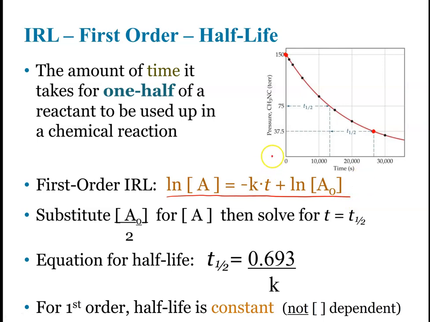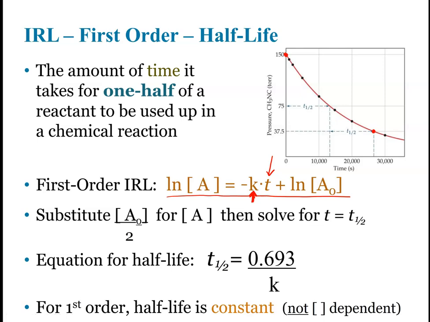To determine the amount of time it would take to use up half of the reactant, you would find the integrated rate law and do the analysis like we talked about in the integrated rate law lesson to find the slope of the line of natural log of A versus time. That would be the value for K.